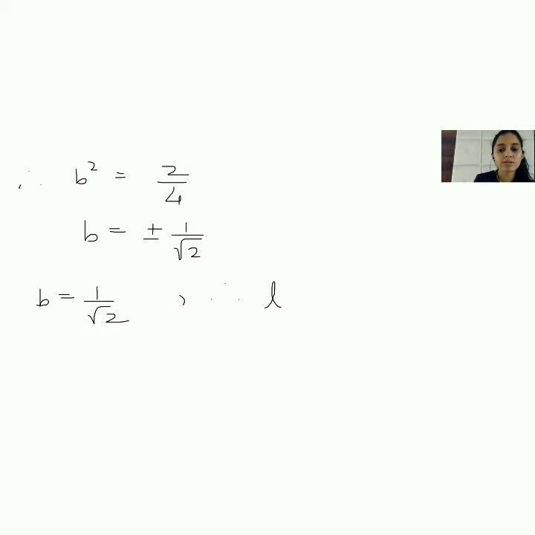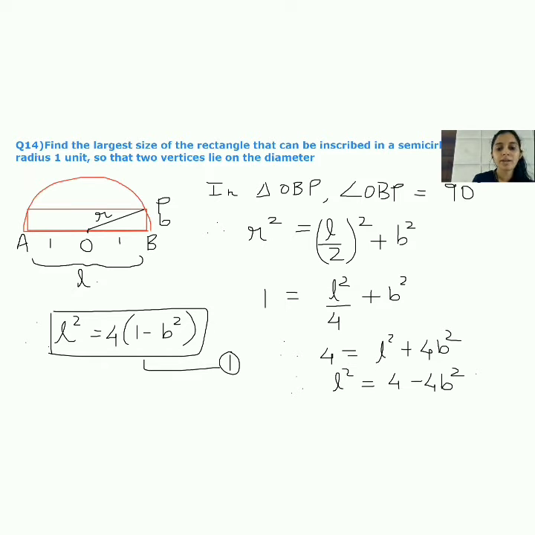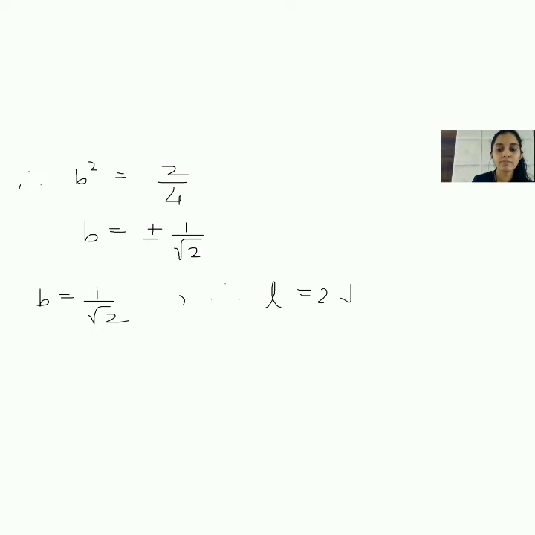Therefore, length is equal to, what is the length formula that we had derived? L square is 4 times 1 minus B square. So L will be 2 root of 1 minus B square. Let us substitute the value of B. So L is equal to 2 under root of 1 minus 1 by root 2 the whole square.